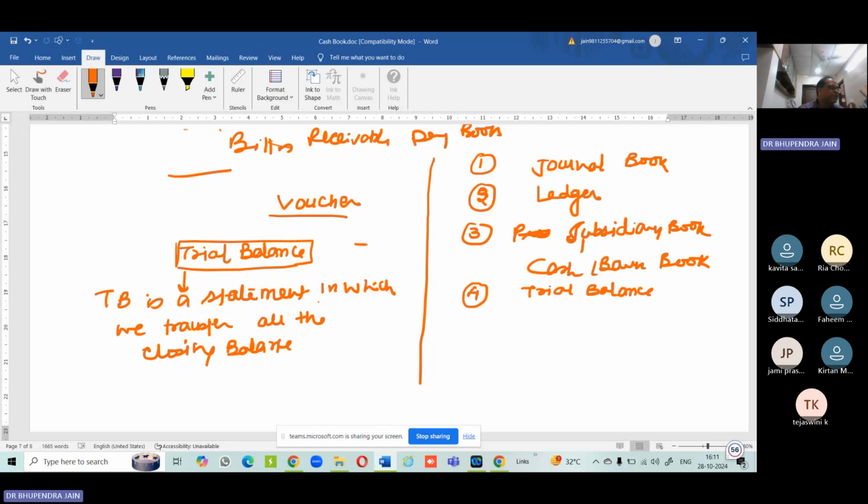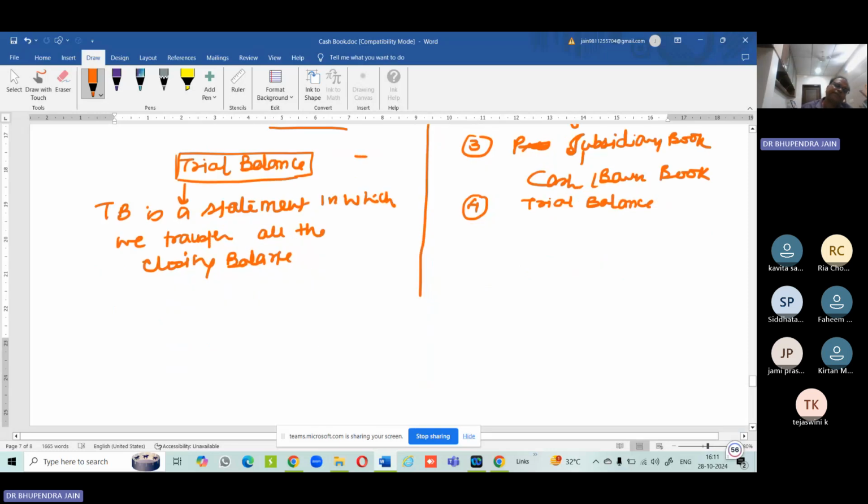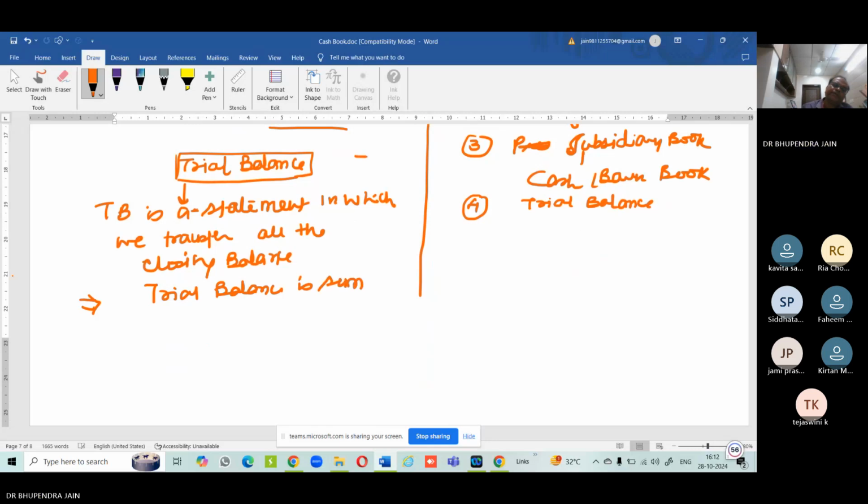All the closing balances of all the accounts, we write down on one paper. This is also called trial balance. Or we can say in another easy language that trial balance is a summary of all the ledgers. Okay?